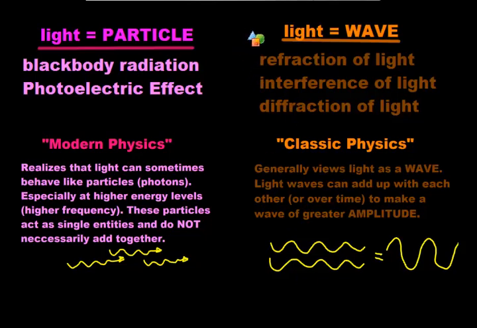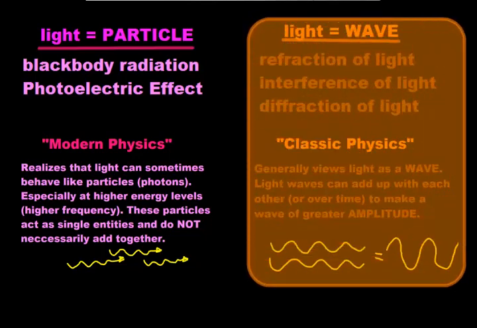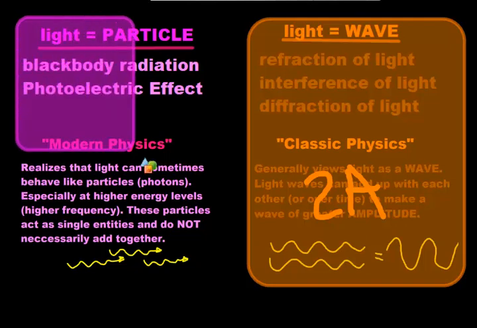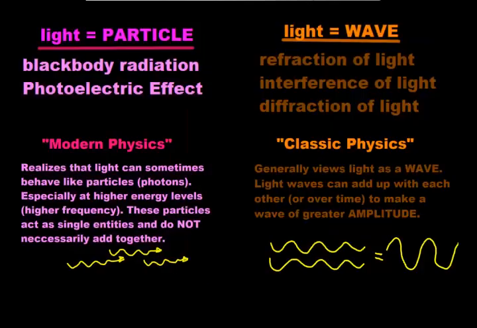On this side, this would be light as a wave, classical physics. That was on our previous quiz, quiz 2A. Whereas on this side, light as a particle, modern physics, is what we're focusing on for this quiz, quiz 2B. So let's see how these might compare.